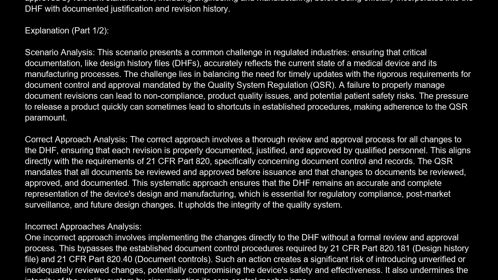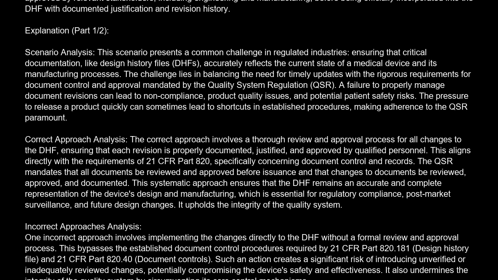The QSR mandates that all documents be reviewed and approved before issuance, and that changes to documents be reviewed, approved, and documented. This systematic approach ensures that the DHF remains an accurate and complete representation of the device's design and manufacturing, which is essential for regulatory compliance, post-market surveillance, and future design changes. It upholds the integrity of the quality system.